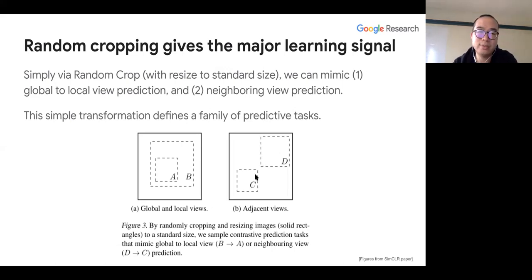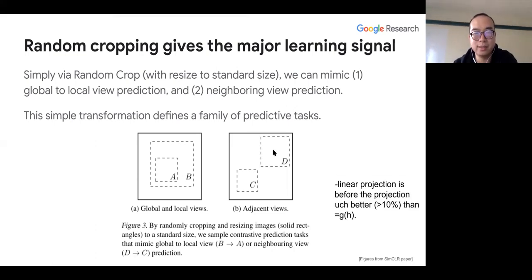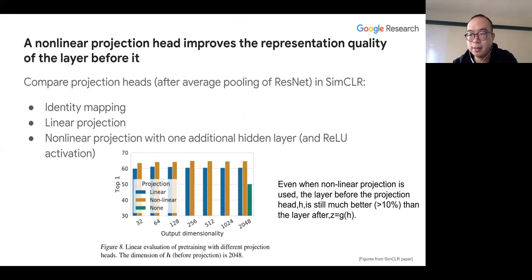So I would argue random crop is a more principled way of exploring some kind of inductive bias in the visual world itself, like what's adjacent, what's a bigger view or smaller view of something. So that's another augmentation.